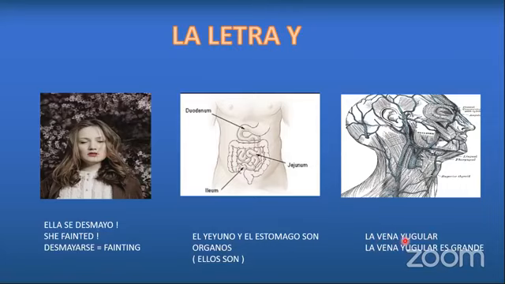Depends where the person is coming from, three different pronunciations. The sentence, la vena jugular es grande. The jugular vein is big. La vena jugular es grande.